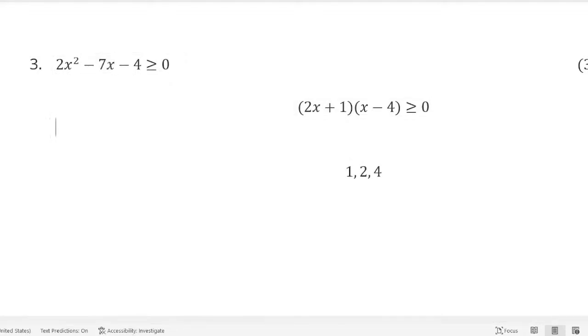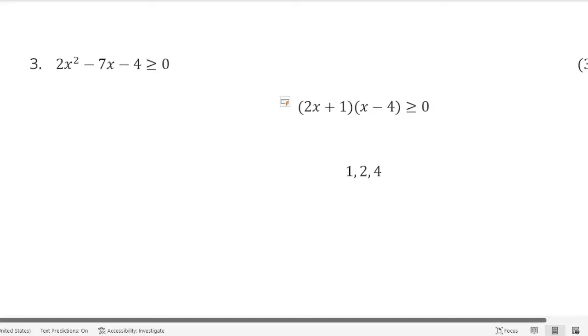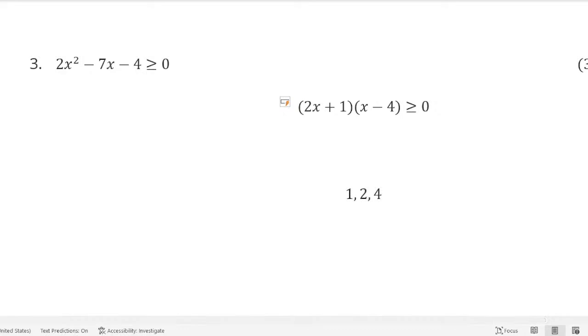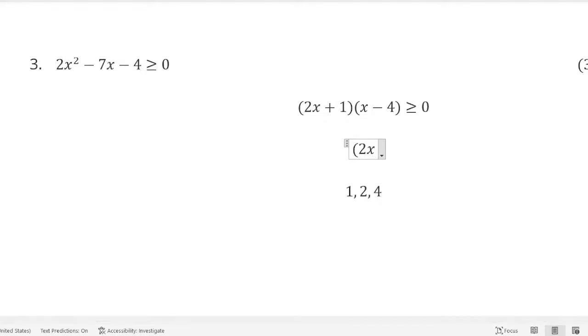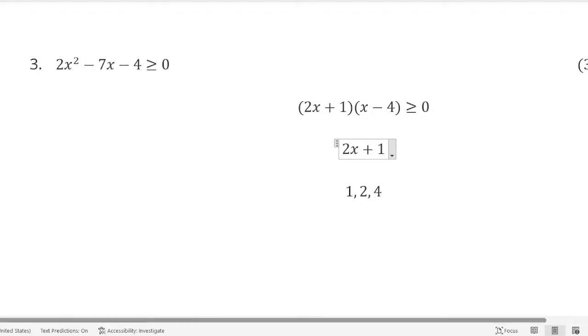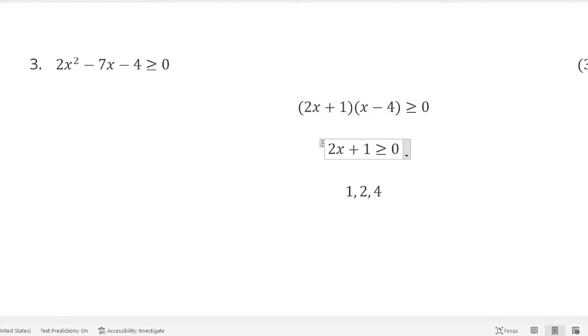Then we're going to write 2x plus 1 is greater or equal to 0, or x minus 4 is greater equals to 0.